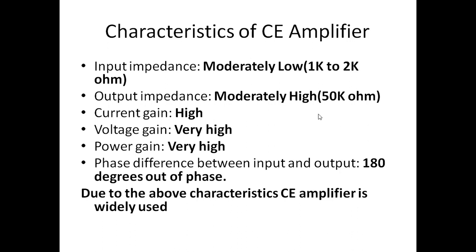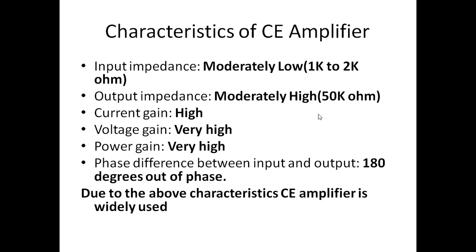This is good. The output impedance is moderately high, from 5 kilo ohms up to 50 kilo ohms. This is somewhat high. The current gain is high compared to the other two.